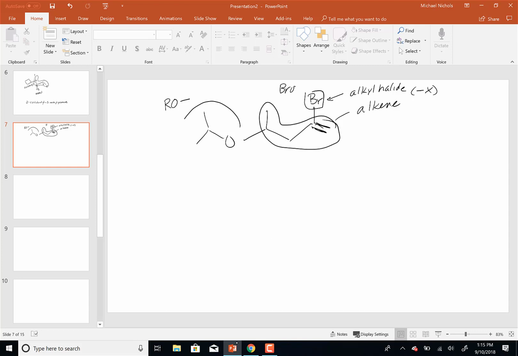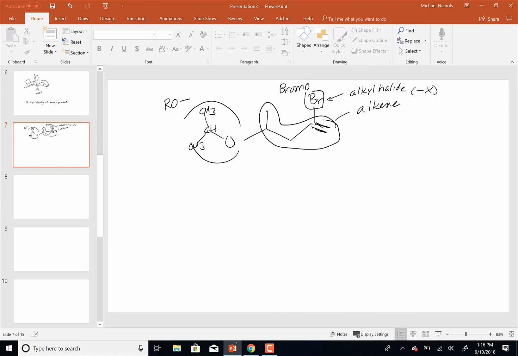Bromine is called bromo, chloro, iodo, fluoro. And then this group right here, the alkoxy group, you name that by naming the common name of the alkyl group that's attached to the oxygen. So when I look at this, I've got a CH with a CH3 with another CH3.